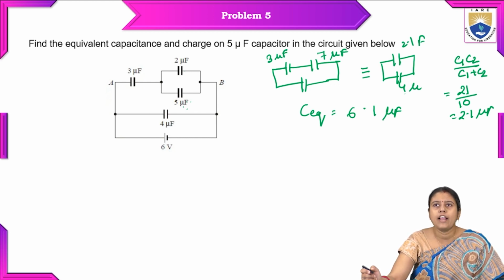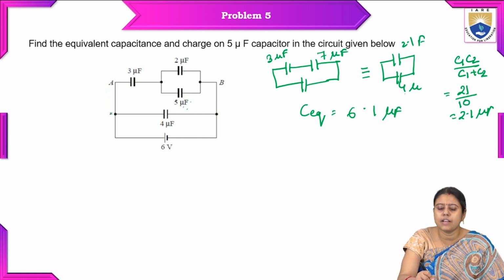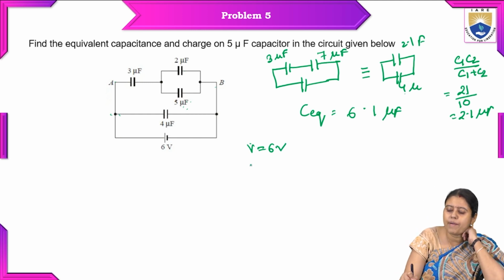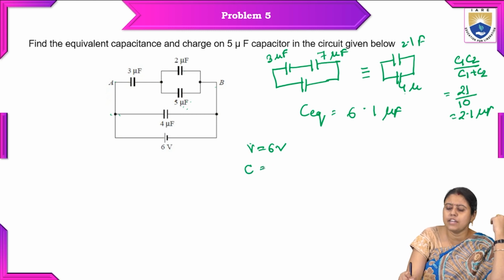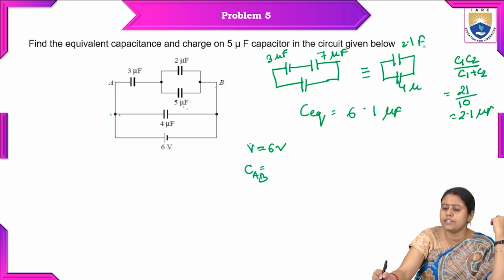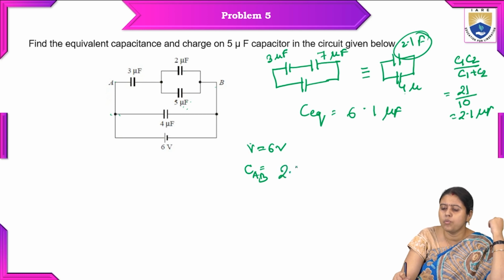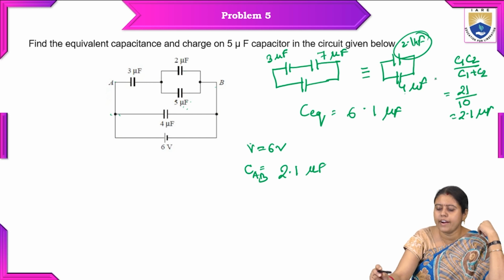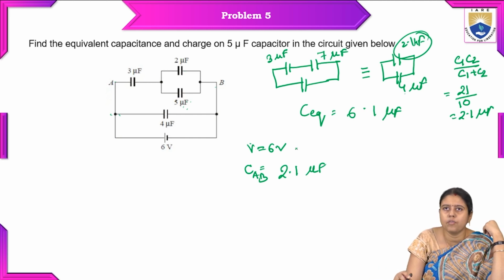Next is to calculate the charge. This is a parallel path, and in all the parallel paths, the voltage is the same. So how to get the charge for this line AB? For the AB line, the voltage is 6 volt, because all are in parallel. And the capacitance of the AB line is 2.1 microfarad, so CAB is 2.1 microfarad.